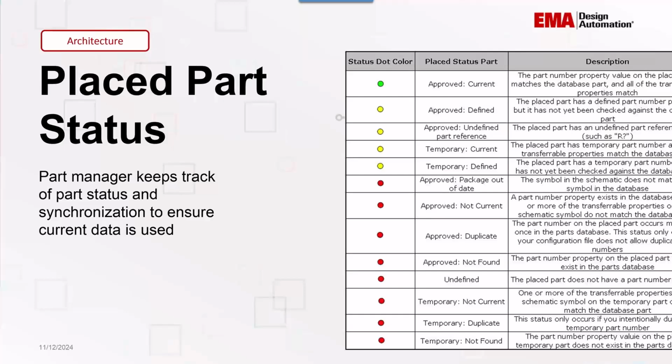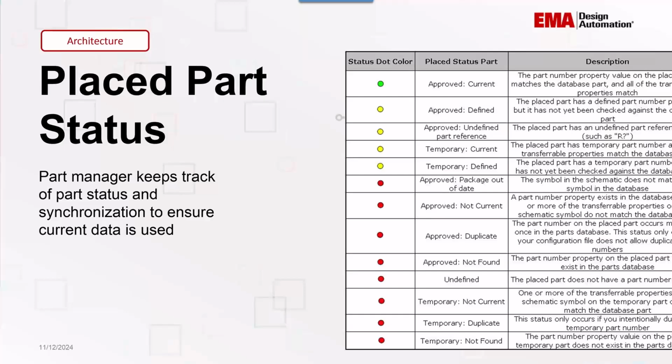So that means that the part number on the placed part on the schematic has an exact match that's approved in the database, and every property that we transferred from the database to the schematic is up to date. So anything that doesn't reach that state, your schematic part manager notifies you of that in CIS.